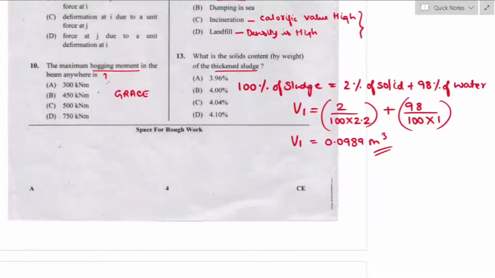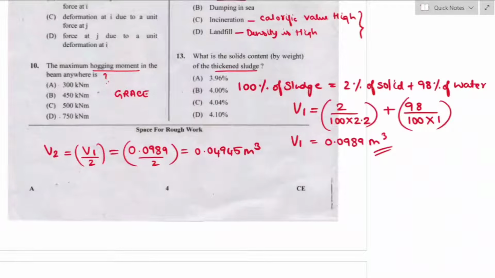After the sludge is thickened, the volume of the water will change. So the new volume will be half of the original volume. So it is 0.0989 divided by 2, which is equal to 0.04945 meter cube. Therefore, the new volume after the sludge is thickened, that is 0.04945 meter cube, is equal to the volume of water plus the volume of solid content.